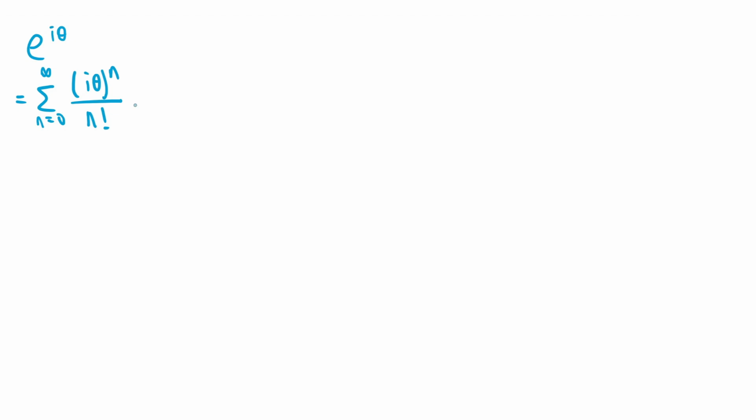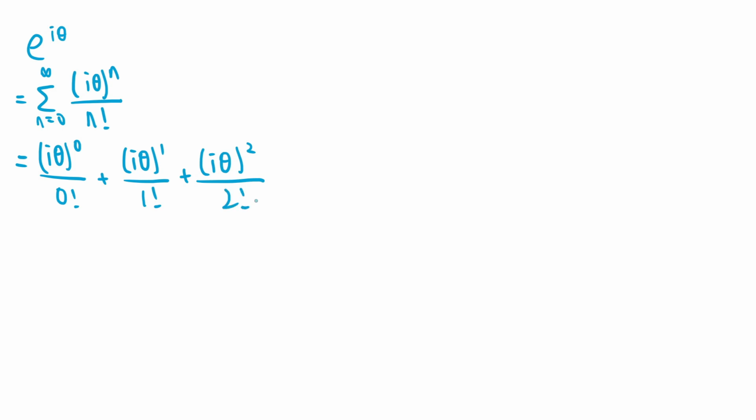So let's just write out the first few terms of the Taylor series expansion. So the sum is just equal to (i theta) to the power of 0 over 0 factorial plus (i theta) to the power of 1 over 1 factorial plus (i theta) raised to the power of 2 over 2 factorial plus (i theta) cubed over 3 factorial, and we'll write out more terms here, and you'll see why I wrote out so many terms in a second.